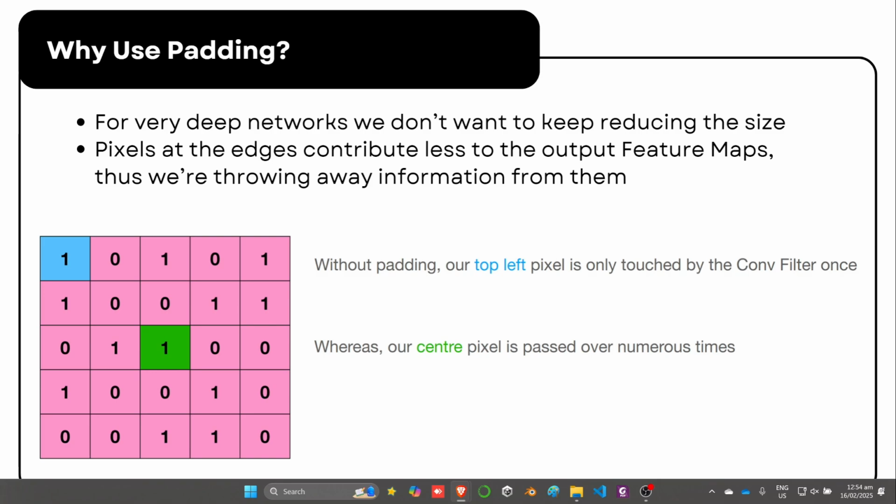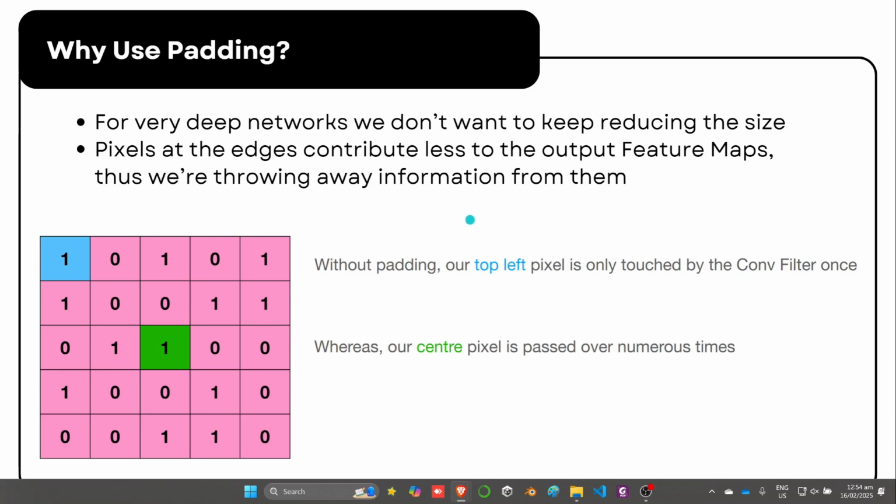There's also a second reason why we use padding. Remember how we pass the convolutional filter across the image.